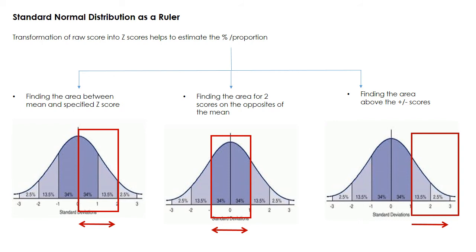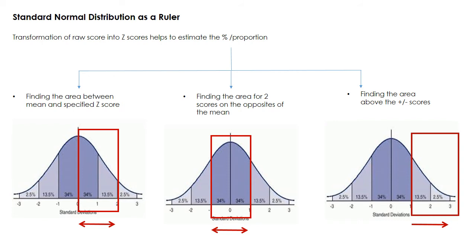So here the normal distribution is used as a ruler to help measure and to help understand our data better. There are about 3 scenarios where we can use the standard normal distribution as a ruler to estimate the proportion or the percentages.